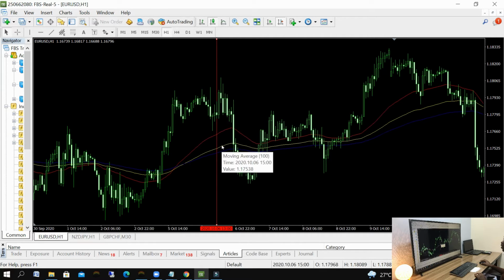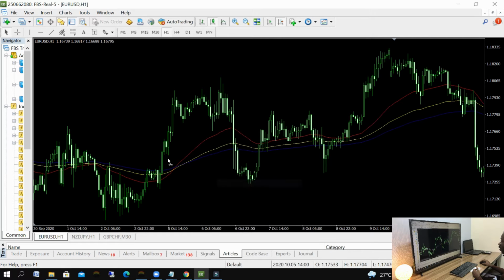You may start to ask me, what do I mean by wide? I mean the distance between the 50 moving average and the 100. It's obvious they are wide, but you can see here it seems they are trying to be tight. So this is not a really good buy signal.